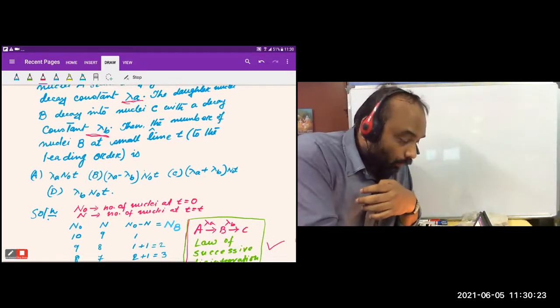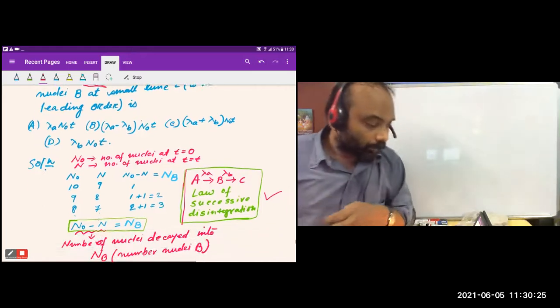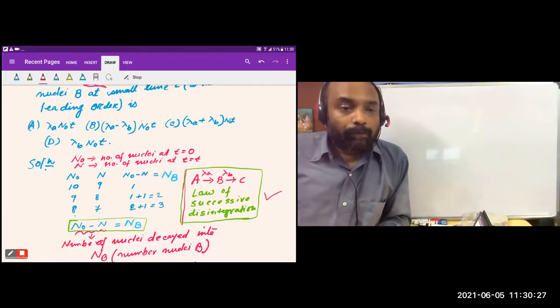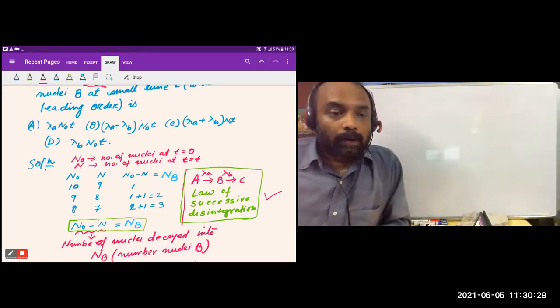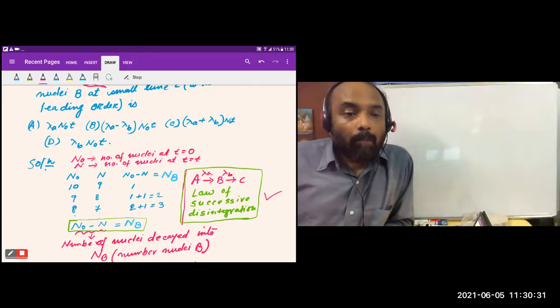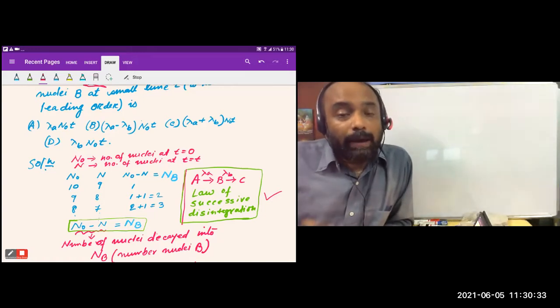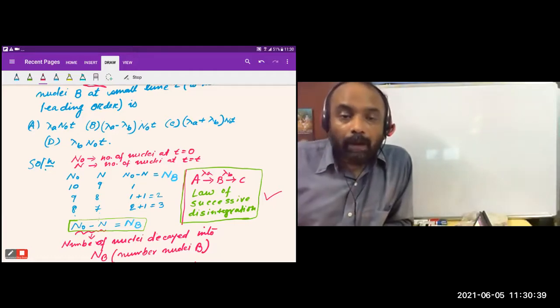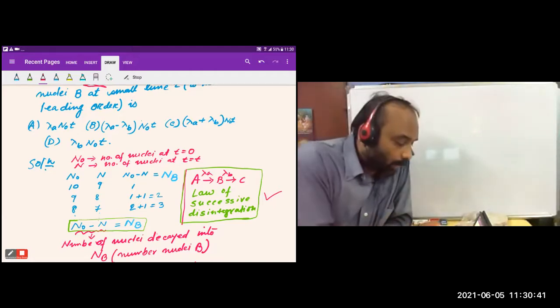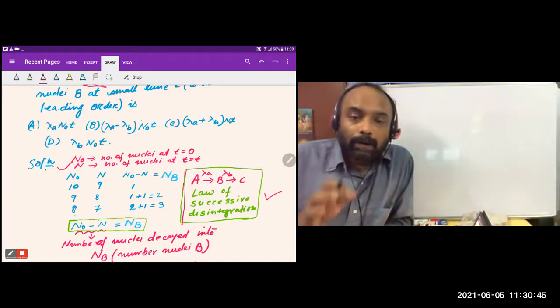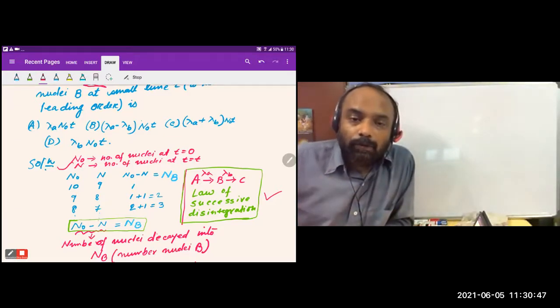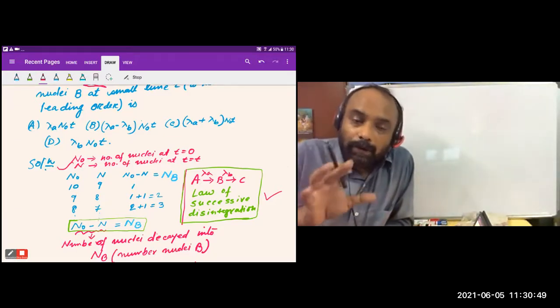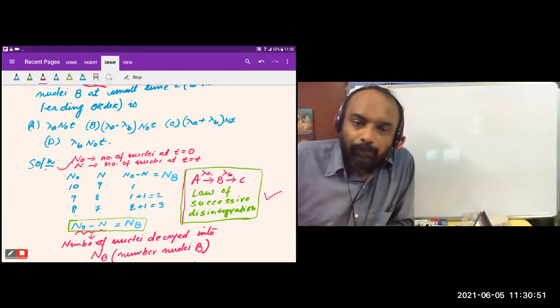Now let's solve it. N0 is nothing but the number of nuclei of A at t equals 0. N is the number of nuclei at time t equals t.